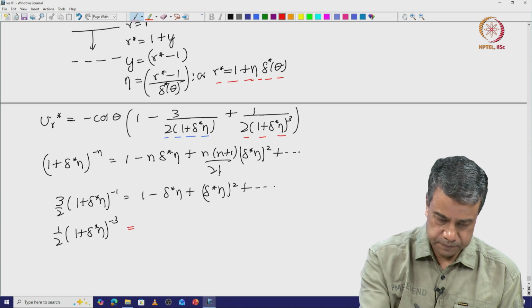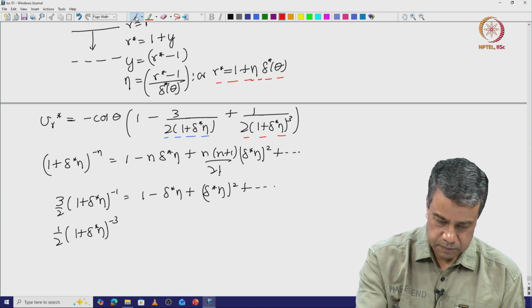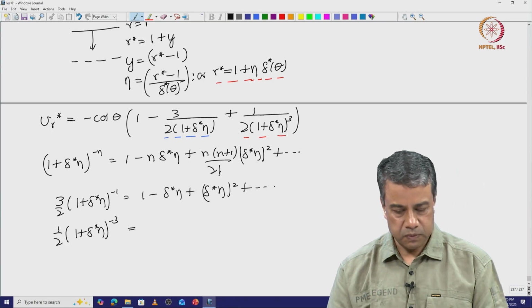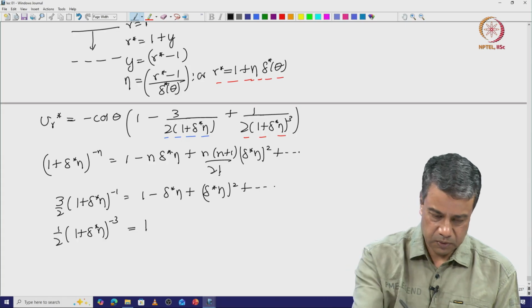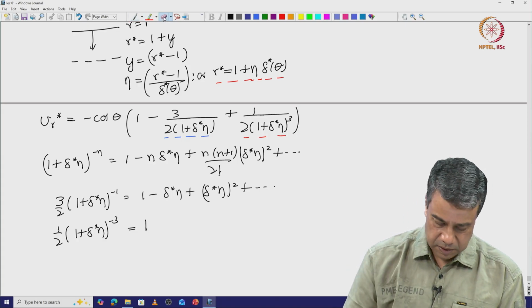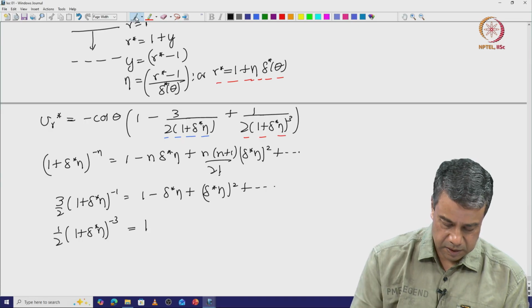This is equal to, sorry, I should have a 3 by 2 outside, my apologies here. So, this is just delta star eta, so there will be a 3 by 2 outside.